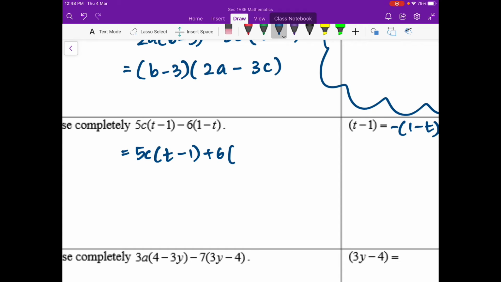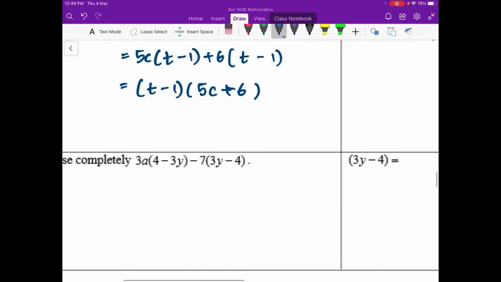And inside the bracket, it becomes t minus 1. There is a change of sign outside and inside the bracket. All of them will change. So the common factor will be t minus 1. What is remaining will be 5c plus 6. Okay, can I have a show of hands who got this correct? Who got this? t minus 1, 5c plus 6. Okay, thank you. Put down your hands.